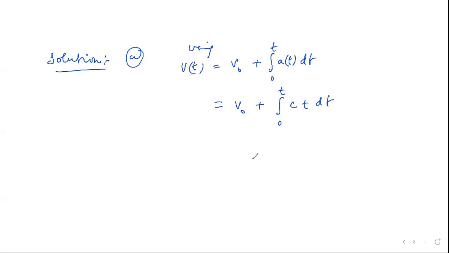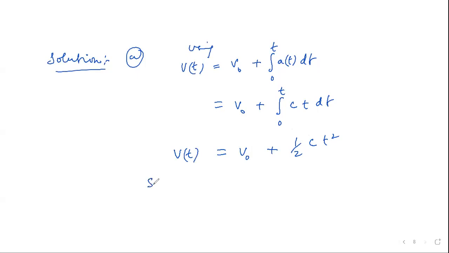Now c is constant, so it will turn out v naught plus, take c out and integrate 0 to t dt, it will become simply half ct square. So my v of t is now v naught plus half ct square.